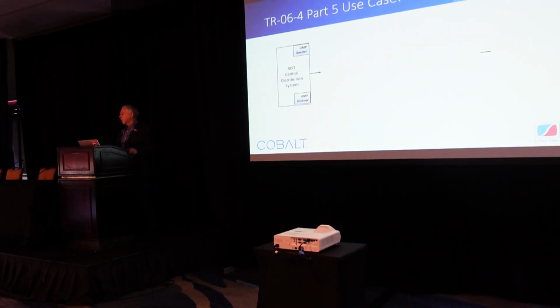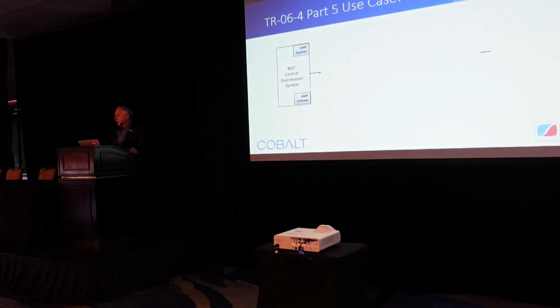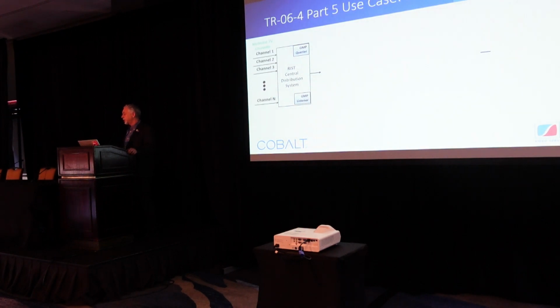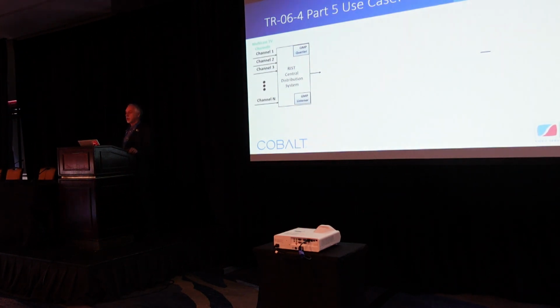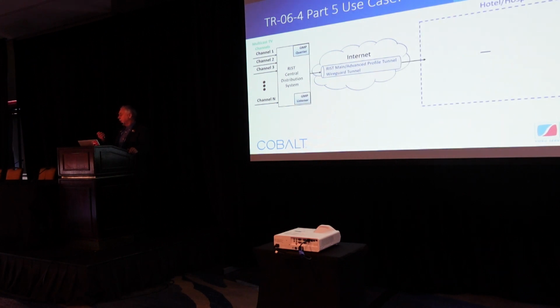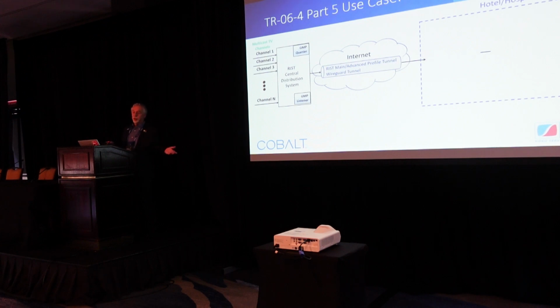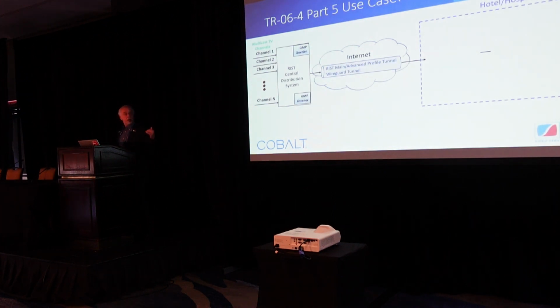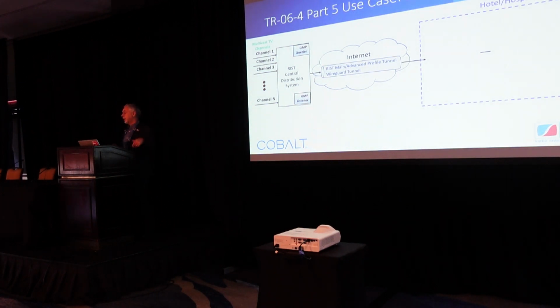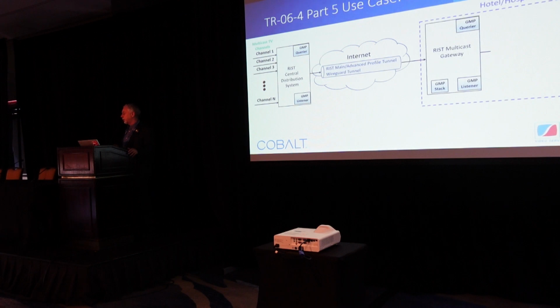All right. Let me show you a few use cases. You have a central distribution system with a whole bunch of multicast TV channels, and you have a hotel or a hospital somewhere, maybe more than one, and you want to send that from the central distribution system over the internet using some sort of tunnel.